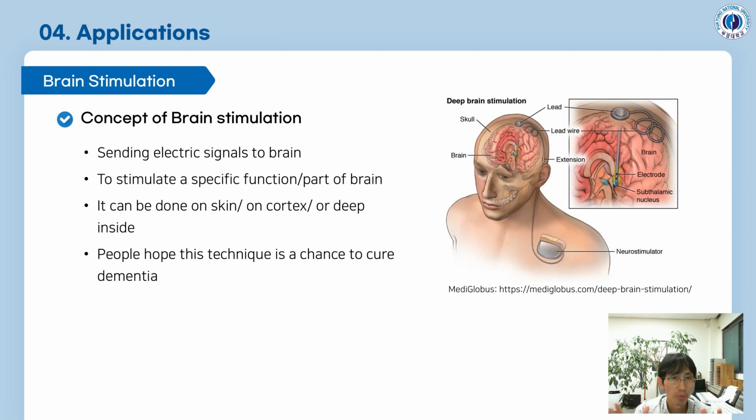There are so many people who suffer from dementia. As we know, dementia is a brain problem, so many people are trying to cure dementia using these techniques. So maybe it will help people who are suffering from dementia.